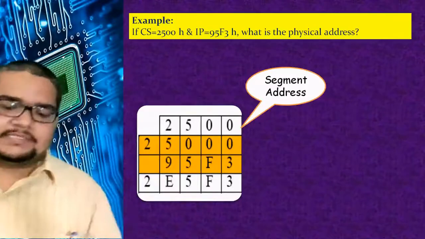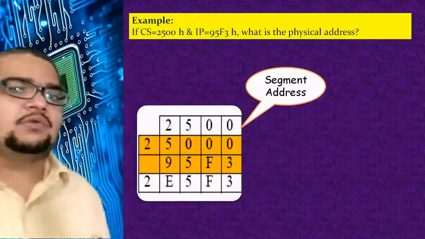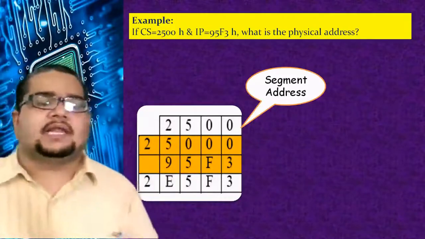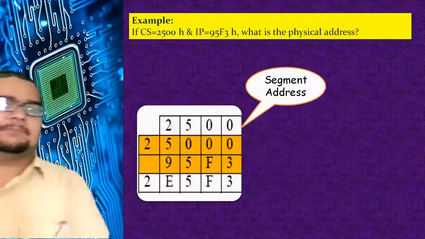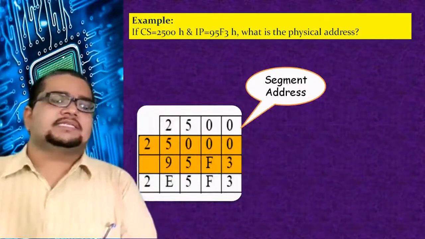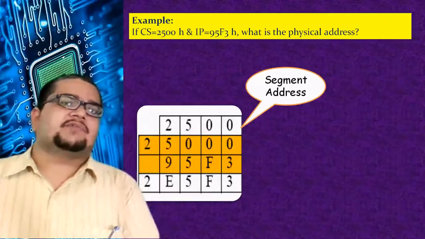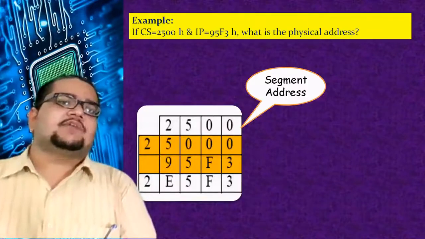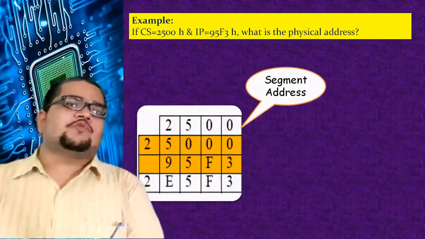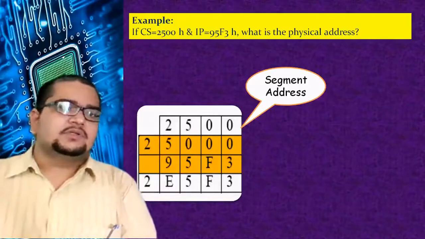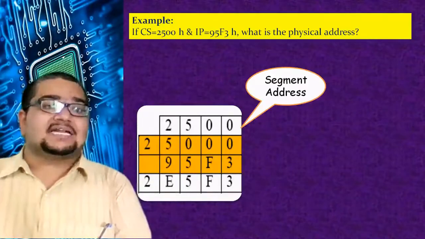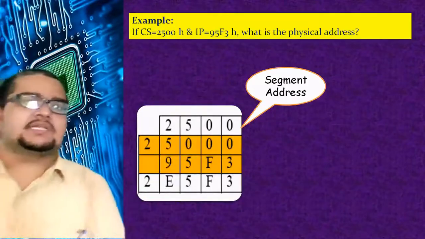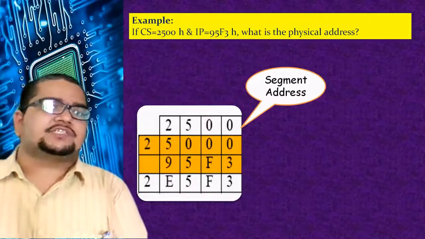Now, talking about exactly how the physical address is calculated, we shall understand elaborately with the help of this particular example. In the question of the example, you see that the CS register is 2500H, that means 2500 hexadecimal, and the IP register is 95F3H.